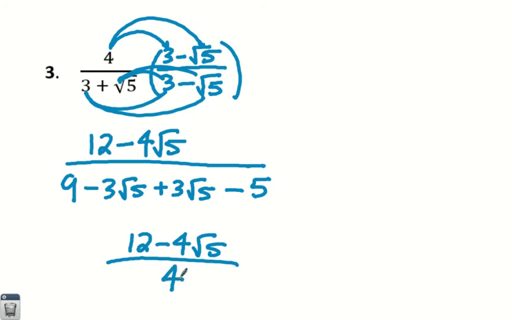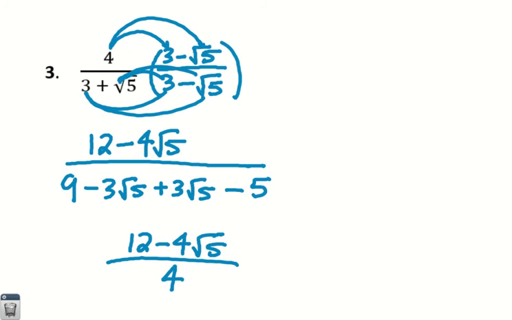So the denominator has been rationalized, but as I look at this, I realize that this can actually be further simplified. You should always want to leave your final answer in the simplest form possible. When you divide the 4 into this numerator, remember that you have to divide the 4 into both this term and this term, but you totally can.